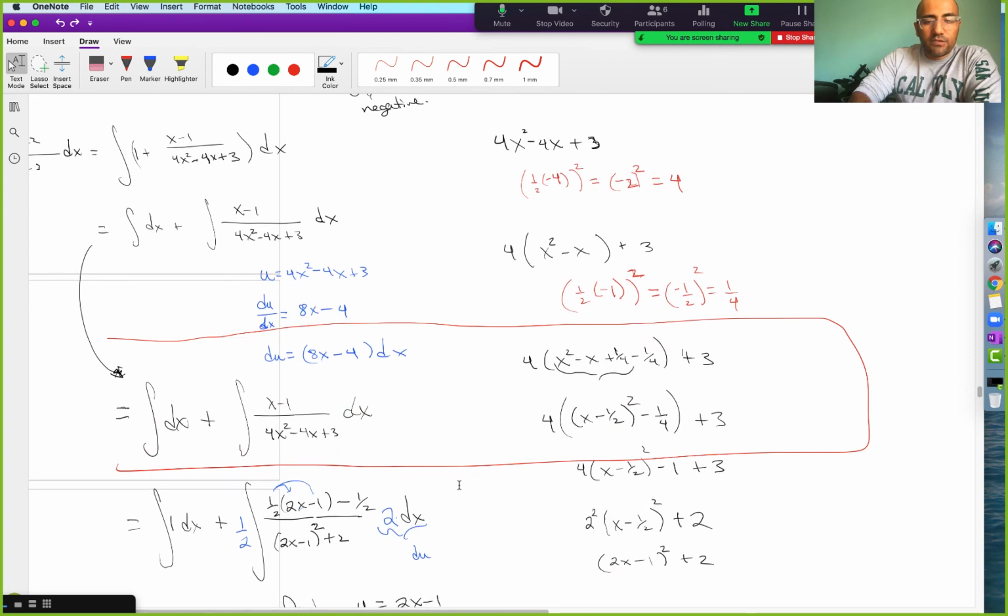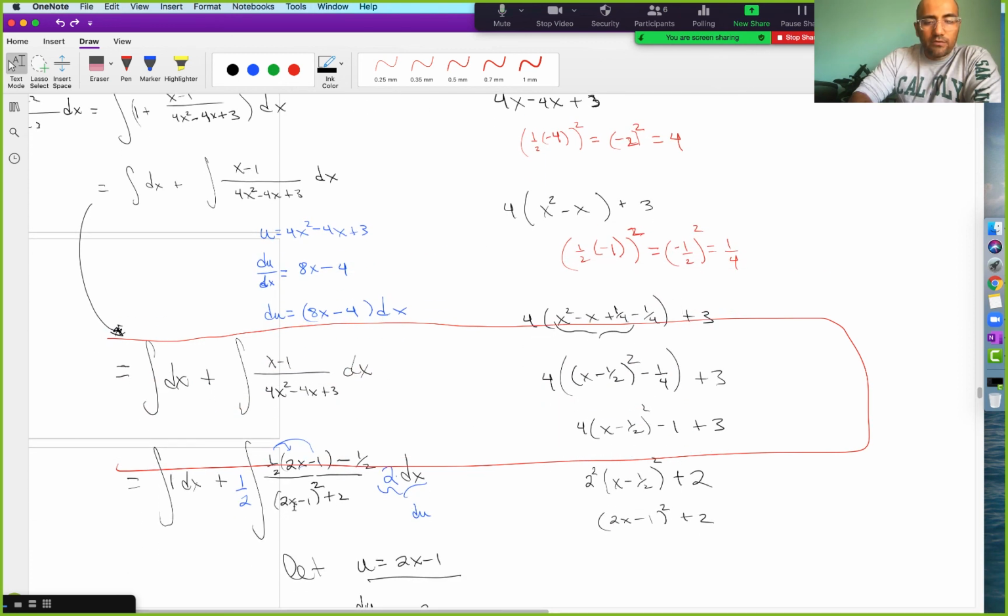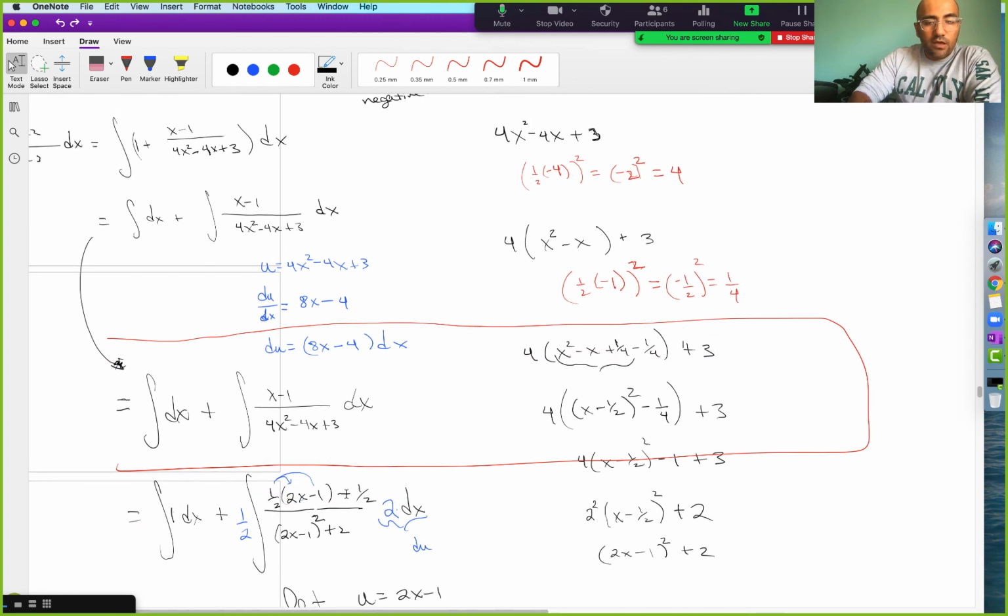After we completed the square, I ended up with a 2x minus 1 squared plus 2 in the denominator. So I thought of a clever way of rewriting the numerator in terms of a 2x minus 1. I knew I could do that because they're both to the power of 1.